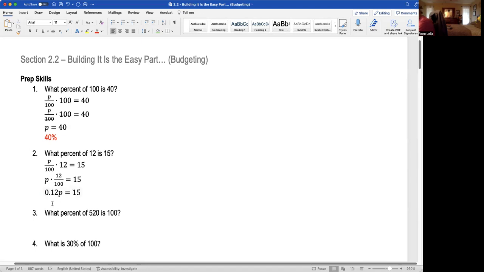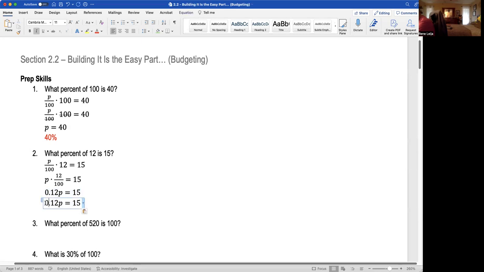Okay, so now we're going to take this equation and I'm going to divide this by 0.12. But whatever I do to one side, I have to do it to the other.